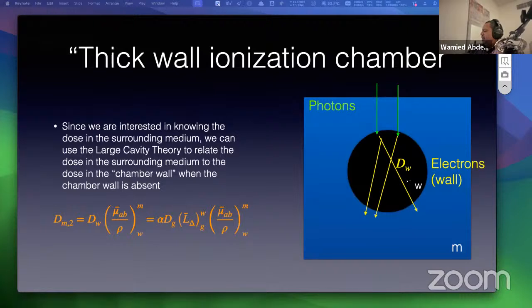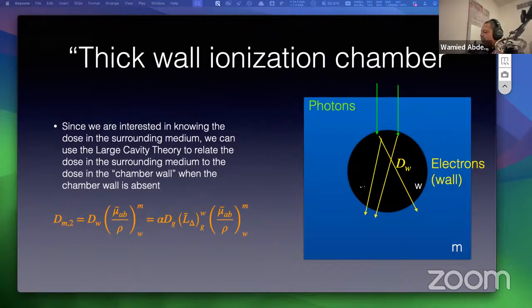So this is what we end up with. Using the small cavity theory, Spencer-Attix, for these electrons generated in the wall, we're getting the dose now in the wall, surrounded by the medium. But remember, our interest is to get the dose in the medium. We are not interested in getting the dose in the wall.